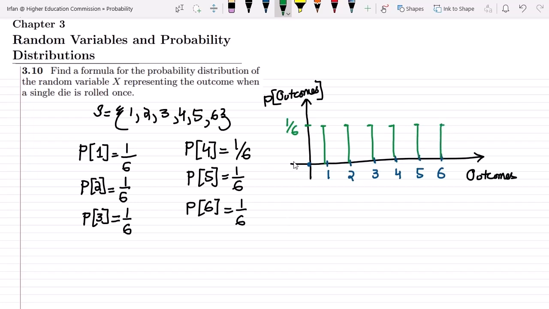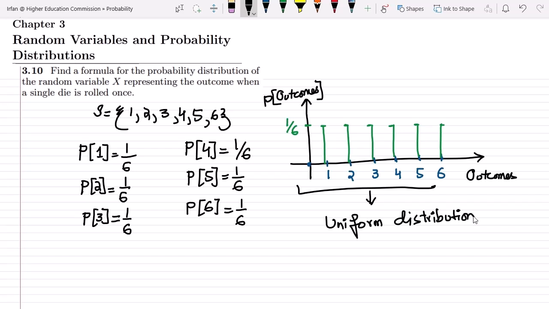Which means that all items here are equiprobable, and therefore this type of distribution is also called the uniform distribution. You can see that the probability of all the items here are equal, so this is the uniform distribution. That's how we have solved this question, and that's it for today.